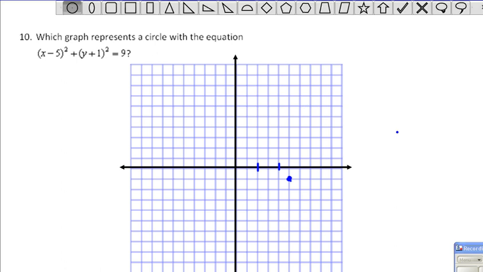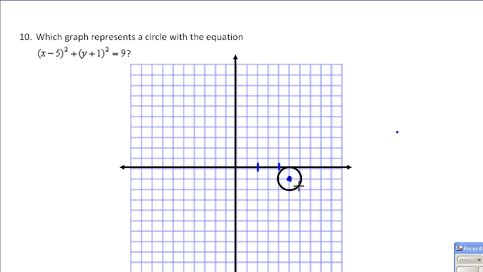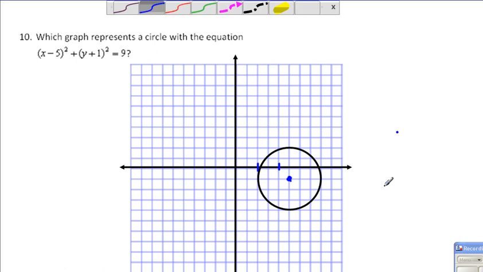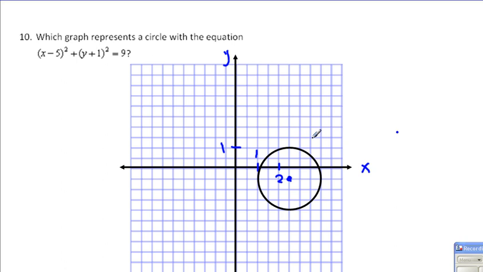So 1, 2, 3. Alright, that becomes our answer. So let's call this one x, y, 2, 1, 1, and so forth.